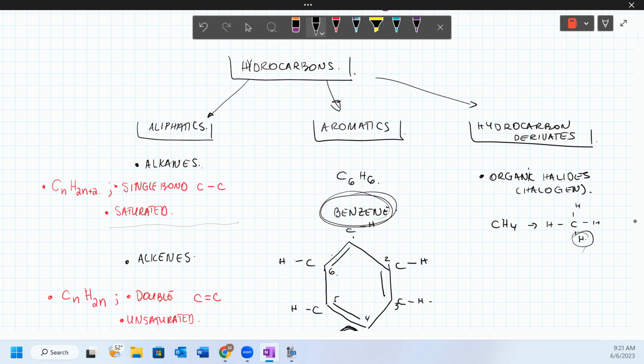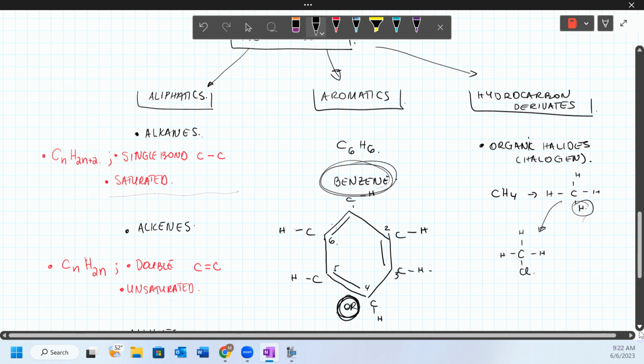However, one of those is now replaced with an element of group 17. So what we have as a structure in this case is something like this: hydrogen, hydrogen, hydrogen, and then here, let's say that we have chlorine or bromine or fluorine or something like this. Okay.